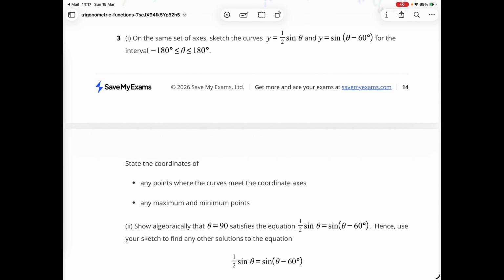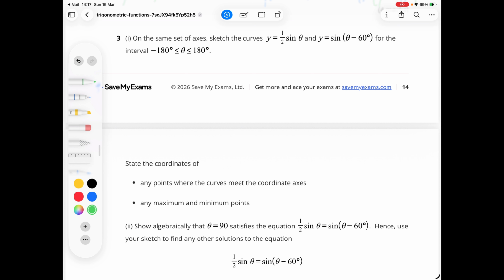Now on the same set of axes, sketch the curves of y equals half sine x and y equals sine of theta minus 60. So I'm going to be a little bit careful. And normally our answer would be 1 and minus 1.